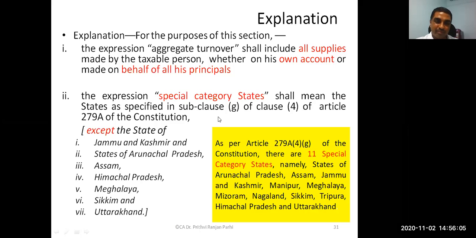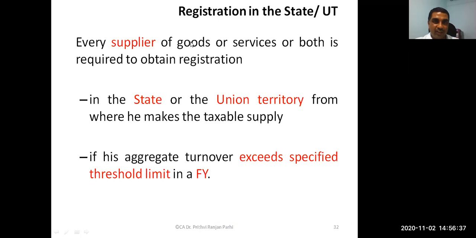Is it clear to you? Yes, sir. Okay. Now, this will be more clear to you once we discuss the threshold limits.